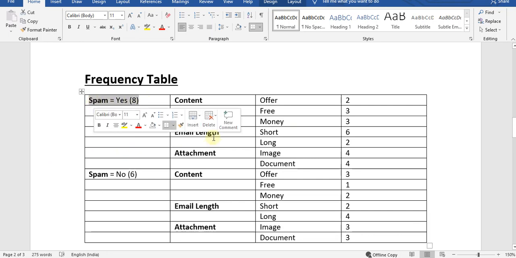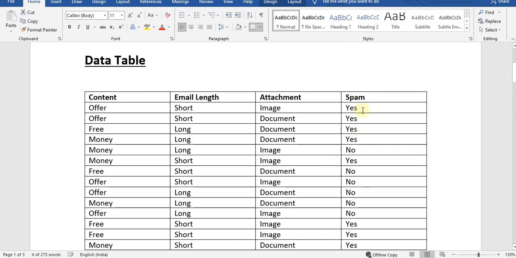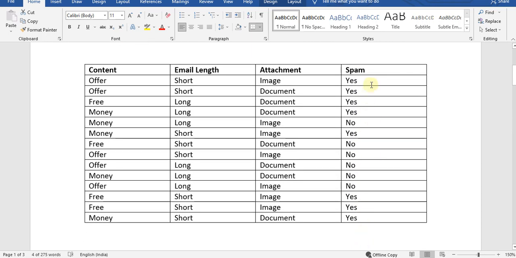If you count in this data set, you will find that there are a total of 8 records where spam equal to yes, and a total of 6 records where spam equal to no.